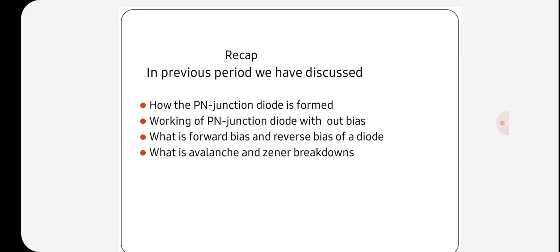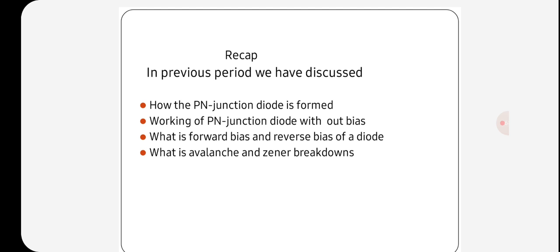That is called reverse bias. In this case, holes are attracted by the negative battery terminal and electrons by the positive terminal, so that both holes and electrons move away from the junction.